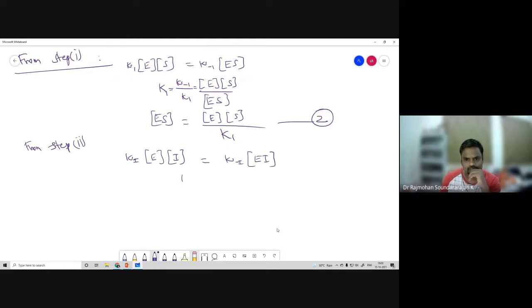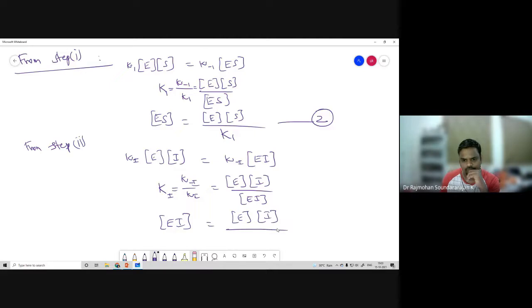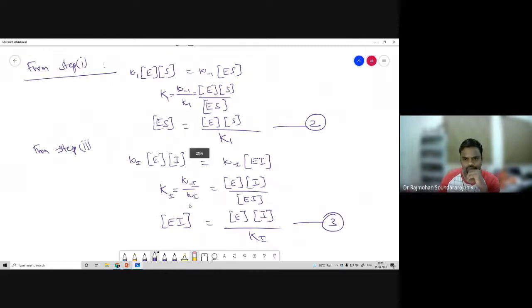So I can write K minus I by Ki equal to capital Ki equal to E into I by EI. So we can write EI equal to E into I by capital Ki. So equation number 3.